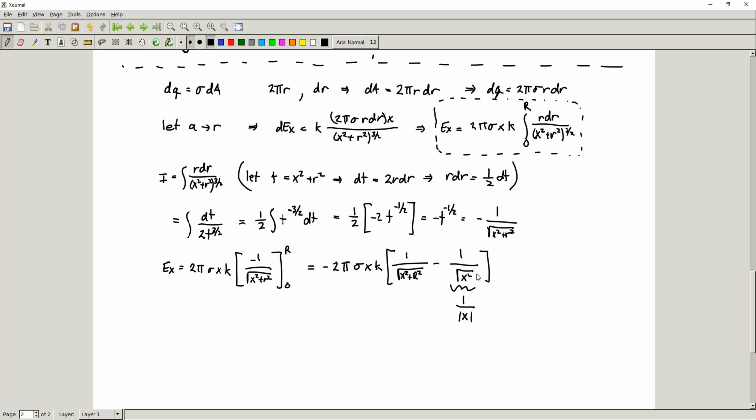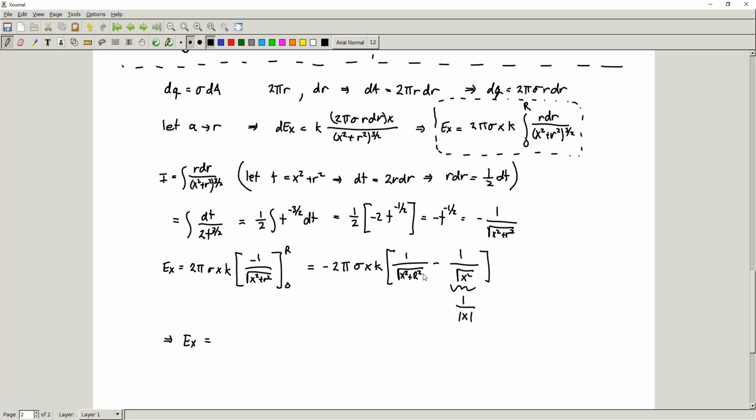Now what can we do here? Let's pull out an x here in the basement to simplify this whole thing. So okay, how are we going to do this? Let me rewrite this here. Ex is going to be equal to, and I'm going to rewrite it one more time so we can keep this all in order.